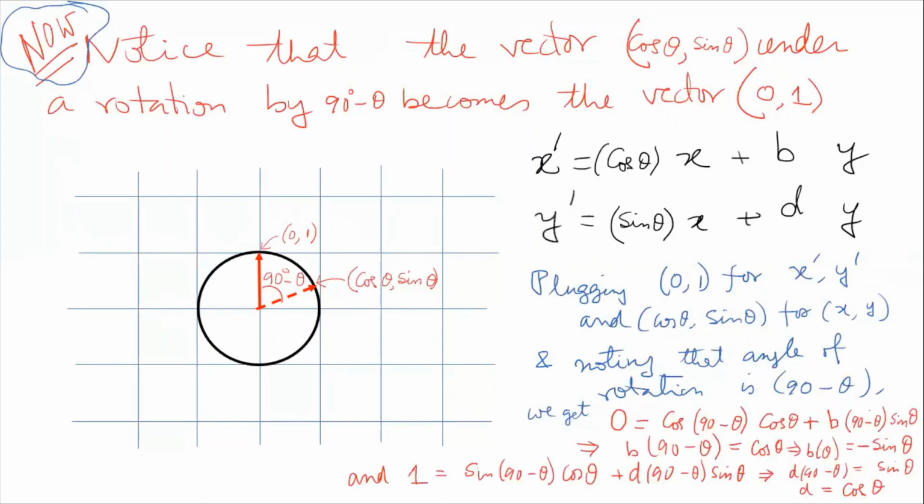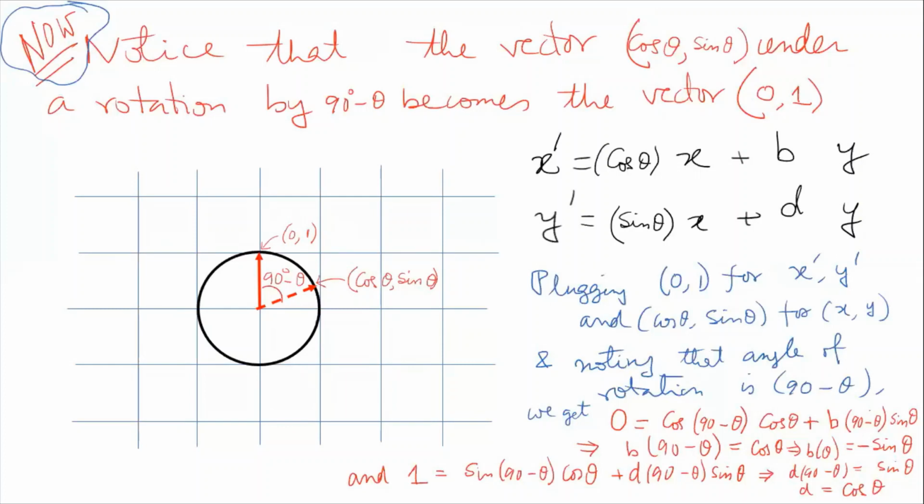So if you plug this in, you plug in x prime equal to 0. So you get 0 equal to 0 times cosine of 90 minus theta, because you're rotating by 90 minus theta, times cos theta. Why cos theta? Because x was cos theta. Similarly, plus b times sine of 90 minus theta times sin theta, because y was sin theta. So if you equate this, then you will get b cos theta equal to minus cos theta.